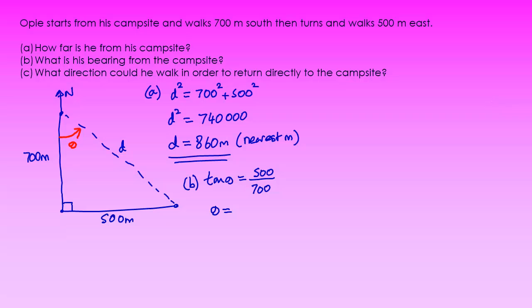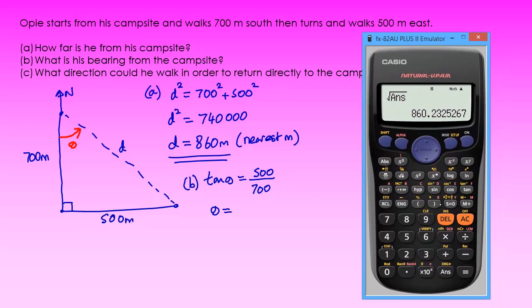And so we can now work out theta. So we're going to want the inverse tangent of 500 over 700.